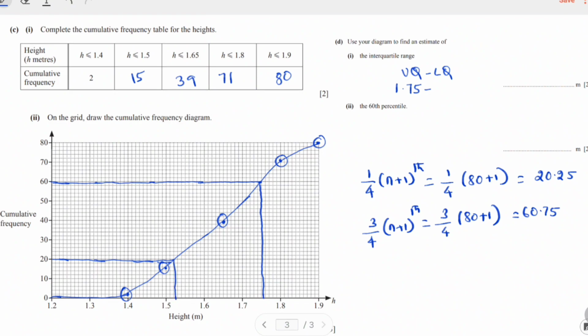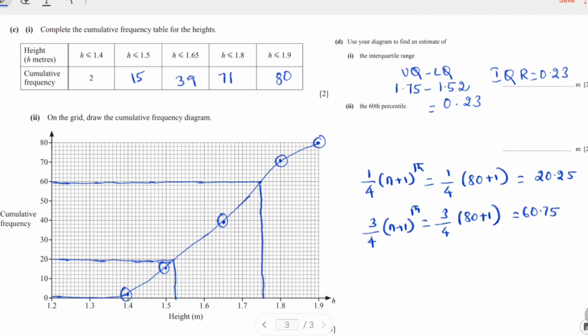So it is 1.52. If I subtract this, I get 0.23 as my interquartile range. Therefore, the value of the interquartile range is 0.23.